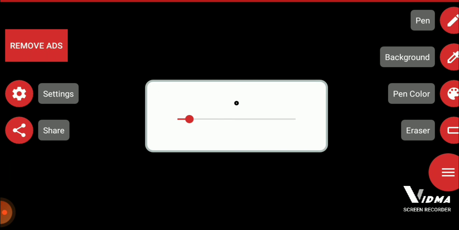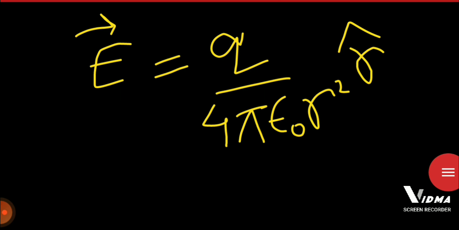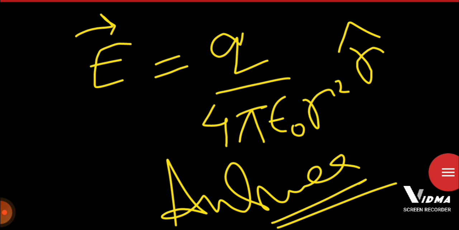So the direction of the electric field will be, writing the vector form, without the mod, since mod means magnitude: first write the magnitude, q by 4 pi epsilon naught r square, and that was a radially acting electric field, so for the radial component, r hat. So this is Gauss's law for outside a uniformly charged solid sphere. Thank you.